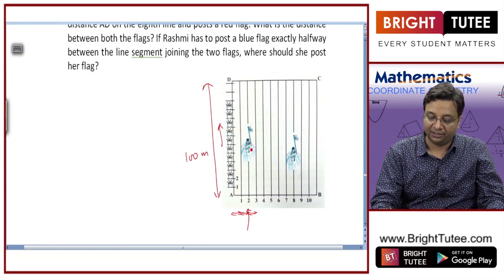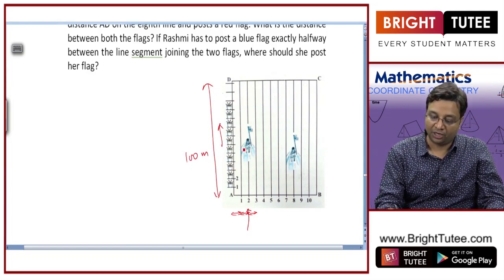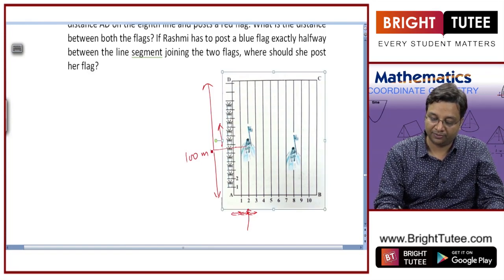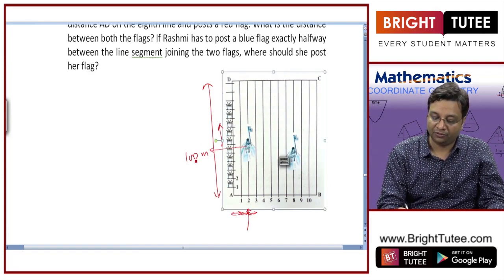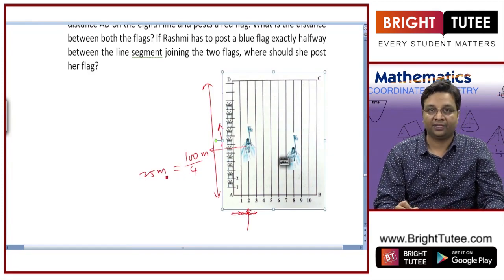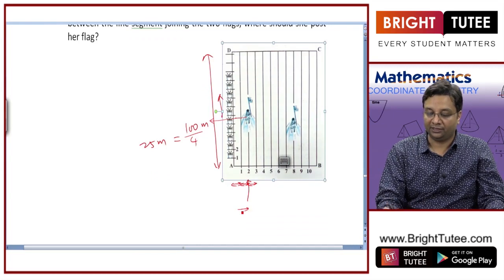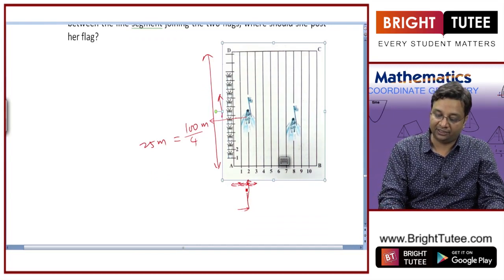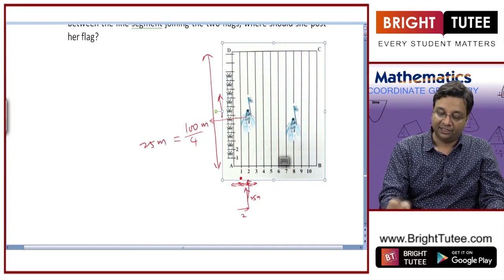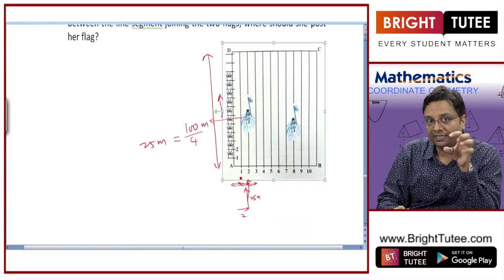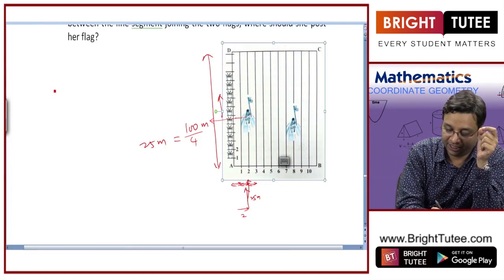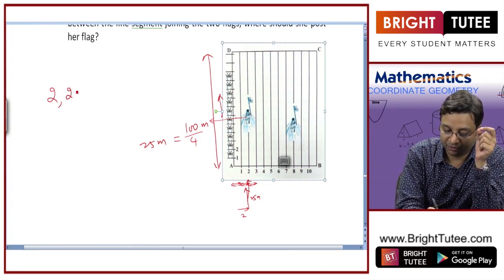And if she runs 1/4 of the distance, how much is the distance up to this point? This will be equal to 1/4 of 100, which is equal to 25 meters, right? So in the horizontal direction she goes to 2 meters, and in the vertical direction she goes up to 25 meters. So I can say the coordinate that Niharika is standing right now can be taken as (2, 25).